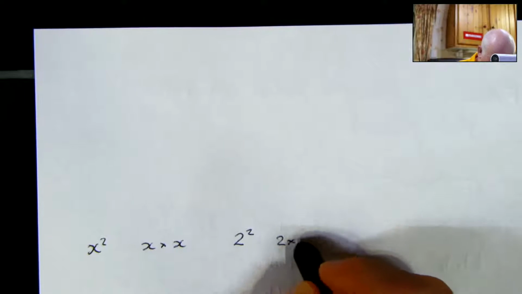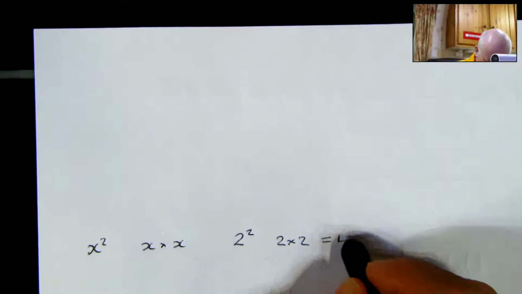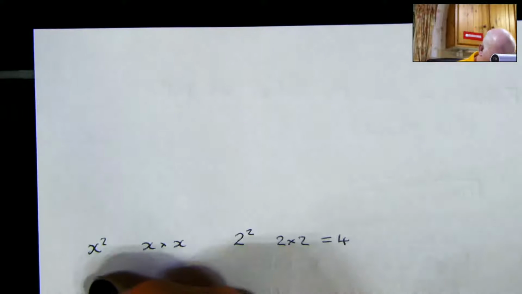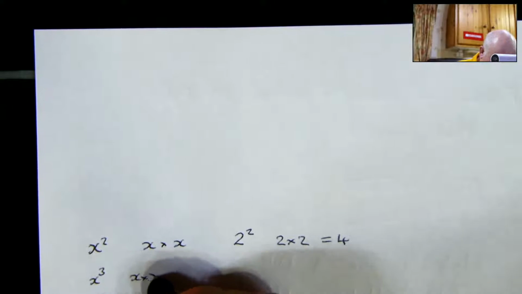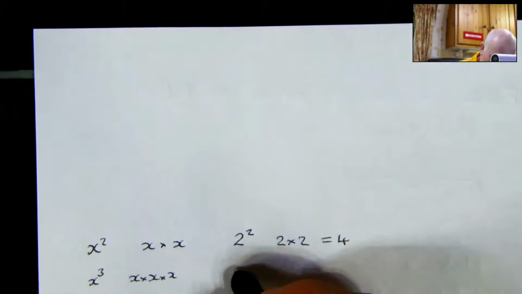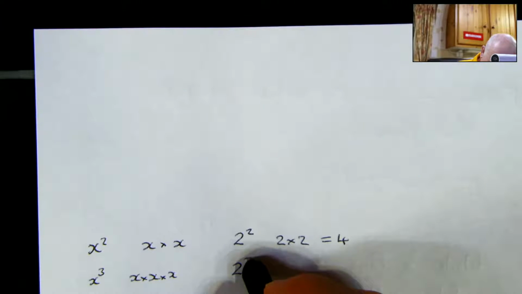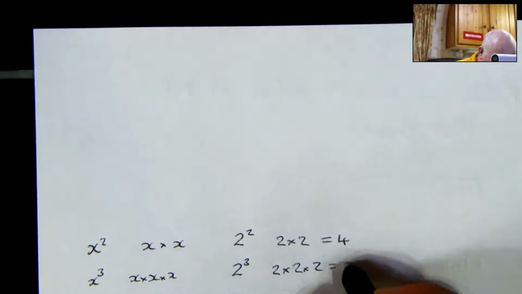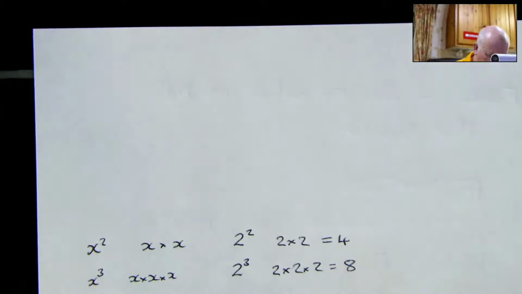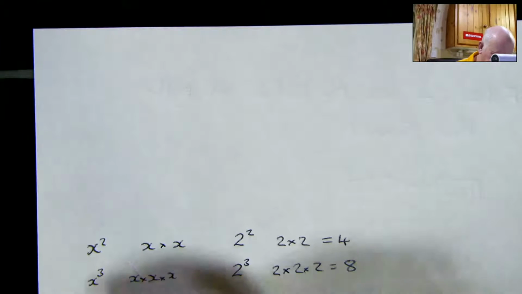It's going to be 2 times 2. And we can all work out that's going to be 4. Let's do x cubed. X times x times x. Or we could do 2 cubed. 2 times 2 times 2 equals 8.